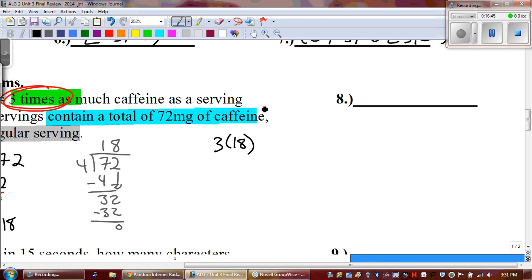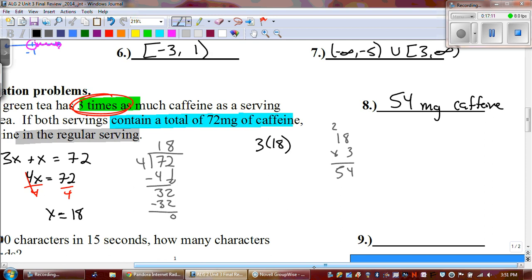And once again, if you don't have your multiplication chart with you, which I don't right now, you're doing it the long way. 3 times 8 is 24. 3 times 1 is 3, plus 2 is 5. Okay, so this is 54 milligrams of caffeine, which is a ton. You guys don't need that much caffeine in your bodies.